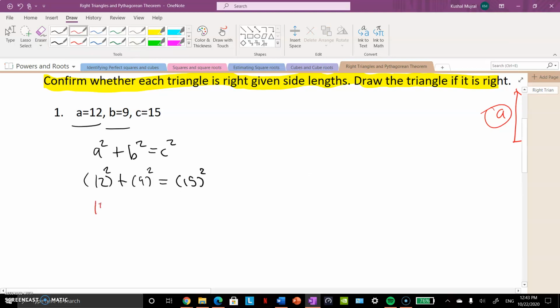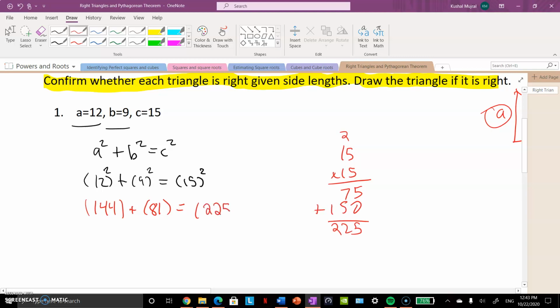12 squared is 144. You can do this multiplication by yourself. Plus 9 squared is 81, equals 15 squared, which is 15 times 15, that's 225.